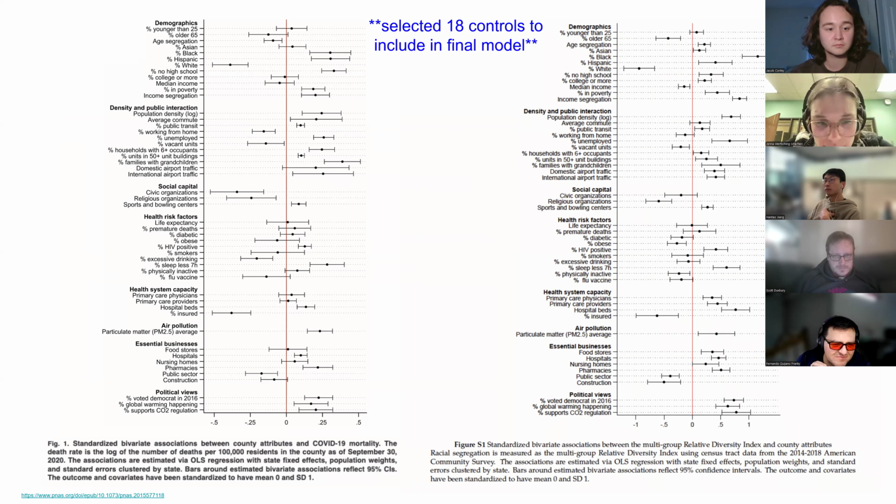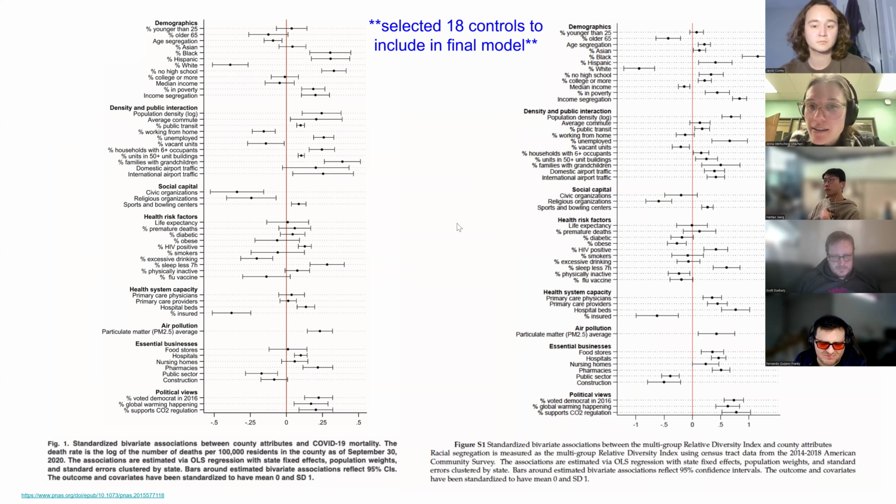And then on the right-hand side is the association between our main predictor, the relative diversity index, which is how we're operationalizing segregation, and all of our possible control variables. Through the lasso, the author ended up with 18 controls that were included in the final model. Just from looking at this, we can probably guess at what some of those controls were.